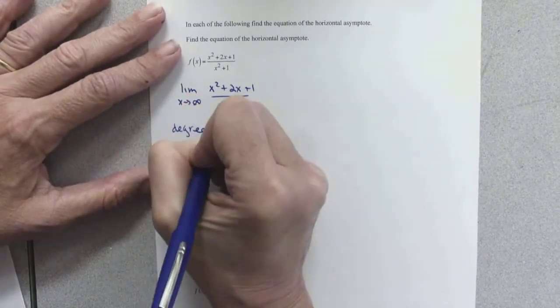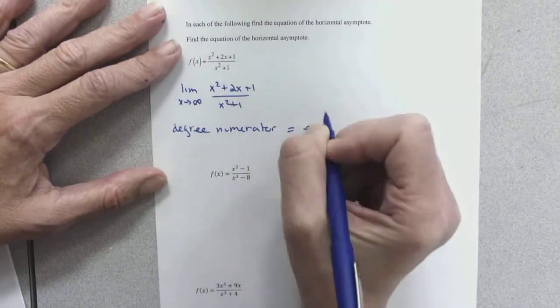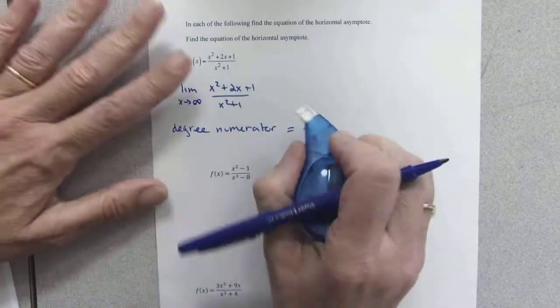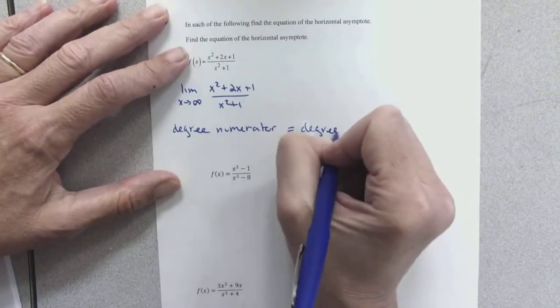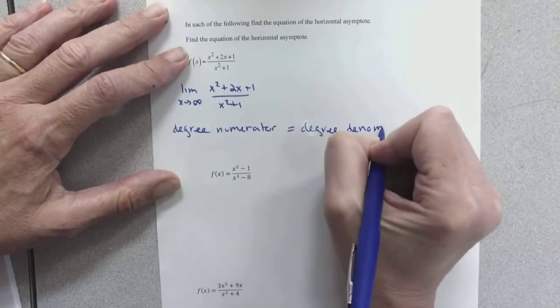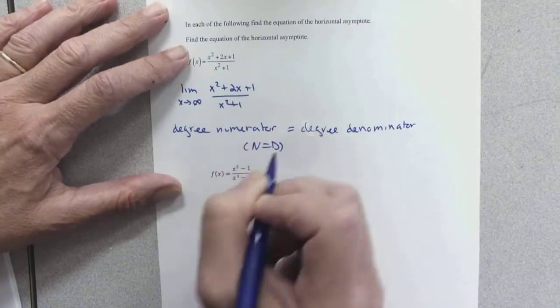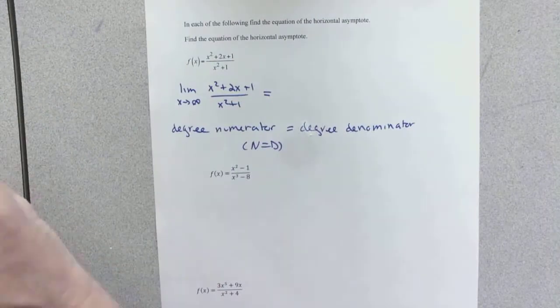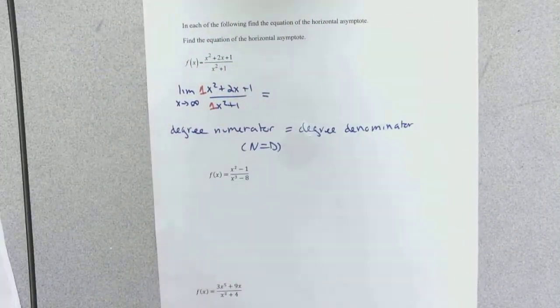And here, the degree of the numerator equals the degree of the denominator. You were allowed just to write n equals d. When that was the case, we'll be very explicit here and write down the coefficients.